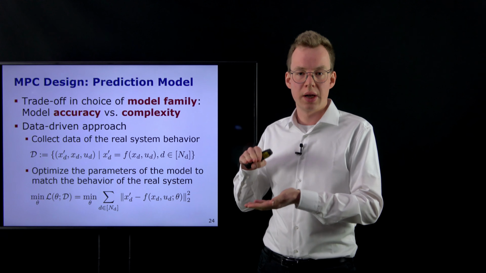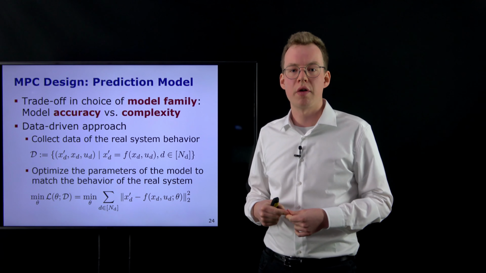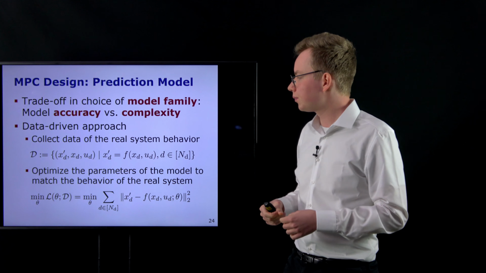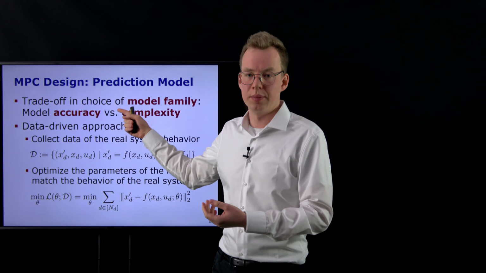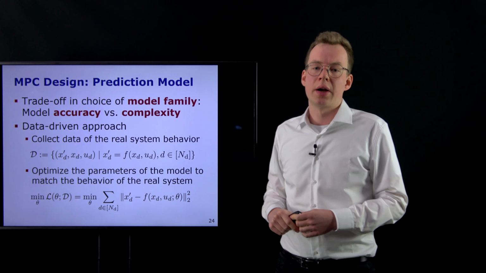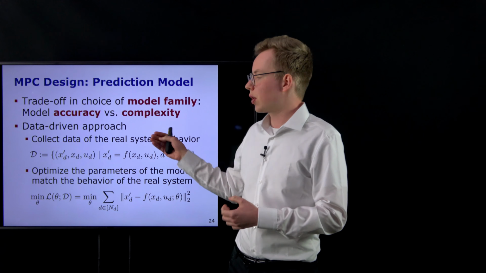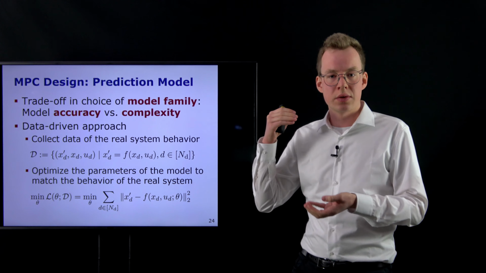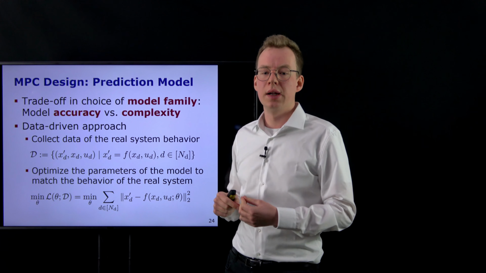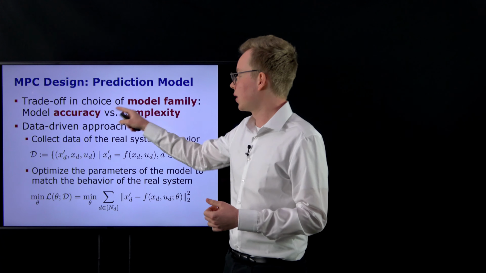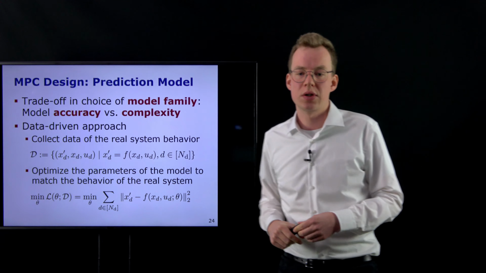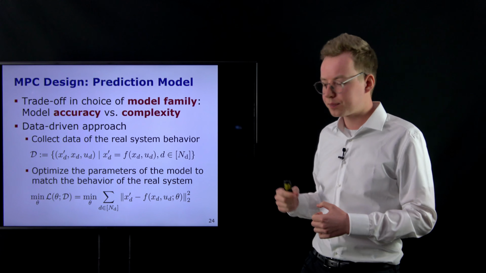So we want to have a very small model with only a few states. These two things are typically competing. Often a very accurate model has a lot of states in order to capture the high fidelity details. Finding a good trade-off here is the main task when choosing a model family.